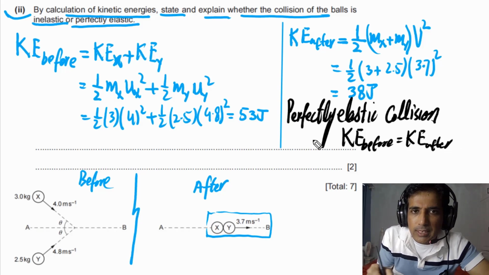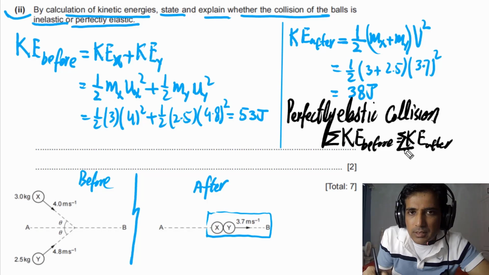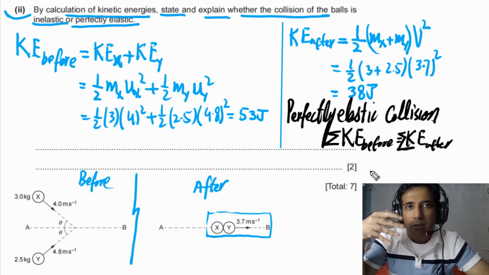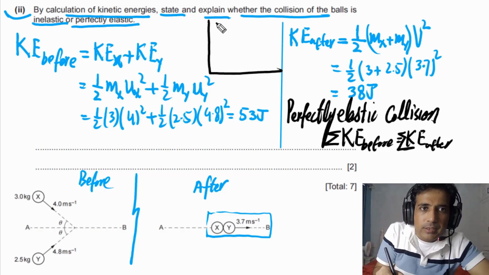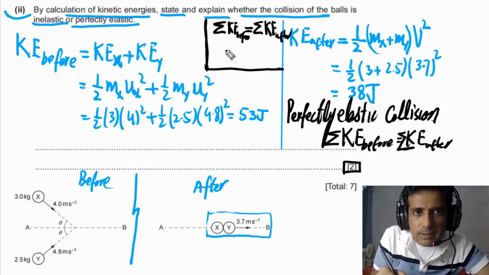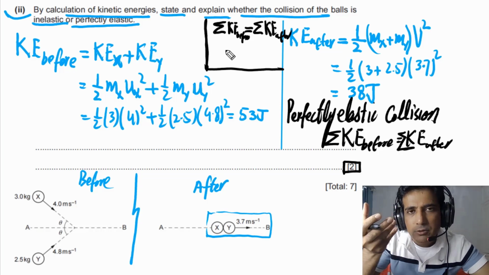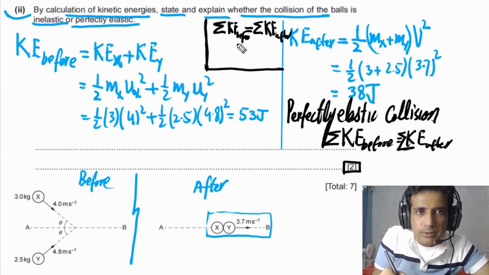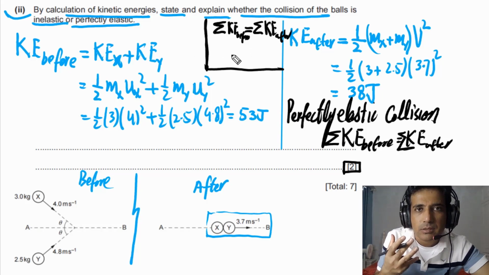So we can say that if the sum of kinetic energies before collision equals the sum of kinetic energies after collision, it is perfectly elastic. Otherwise, it is an inelastic collision. In this case, the sum of kinetic energy before is not equal to the sum after collision, so this is an inelastic collision.